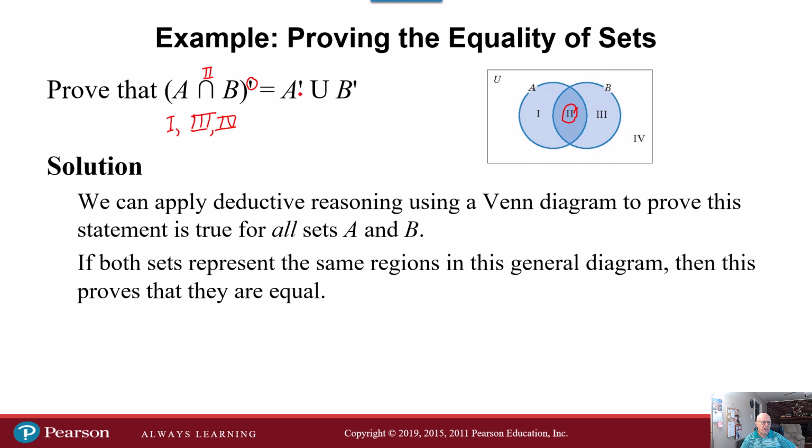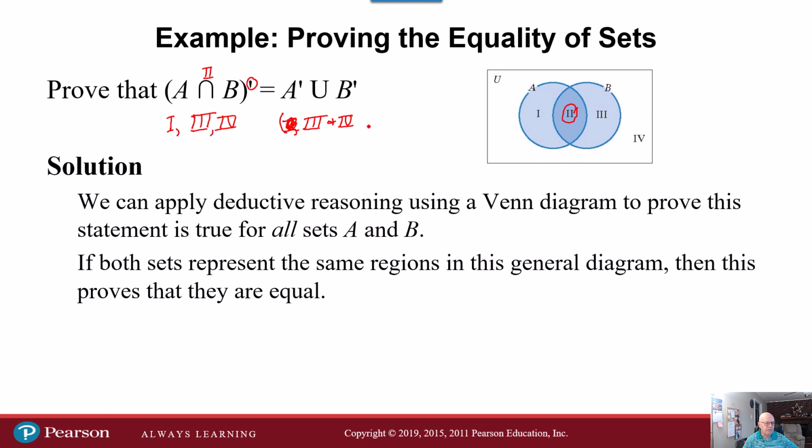Now let's check over here. And we'll start from the inside out. What's an A complement? A complement is everything but A. So it's region 2, region, oops, A complement. 2 is in A. Region 3 and region 4, A complement. 3 and 4.